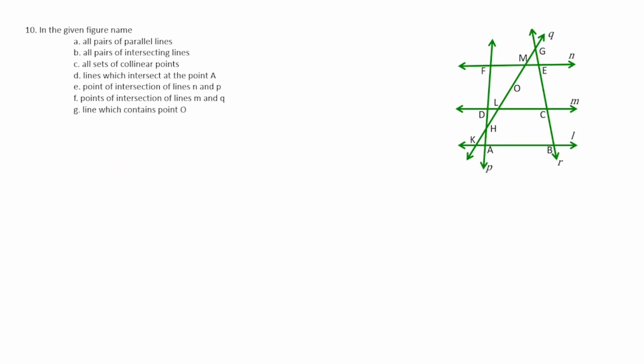All pairs of intersecting lines. So, what are intersecting lines? When there are two lines which cross each other at one common point, they are called intersecting lines.